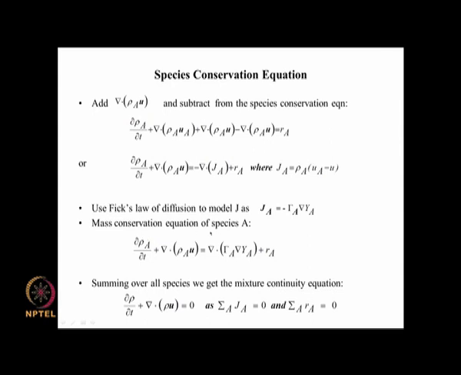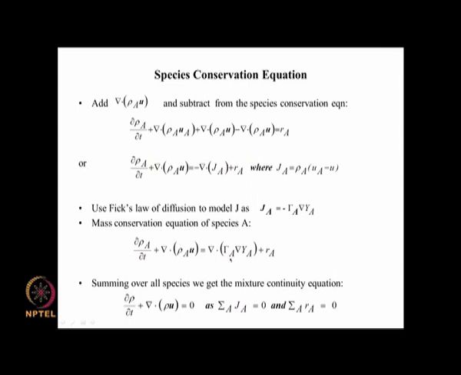and so this is the conservation equation for species A. If you write it down for all the species and then add up all of them, then for example you get dou by dou t of rho A plus rho B plus rho C, and all the rhos summed up together will give you rho, and similarly all of this will give you rho here.